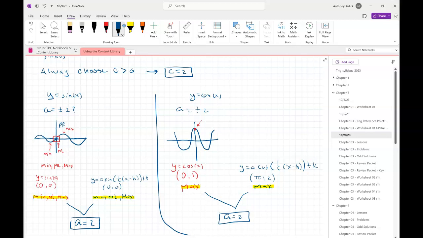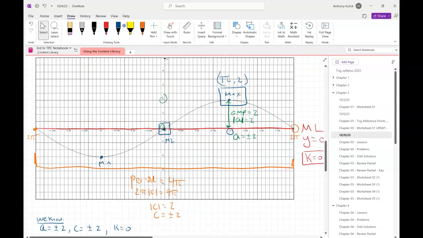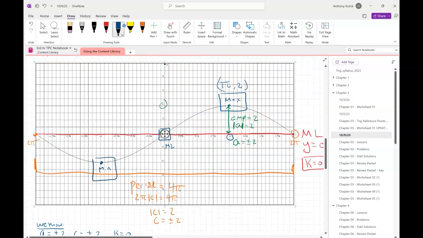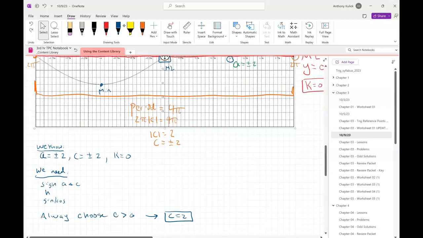If I had picked the minimum instead and had used that, then the a would be negative, right? But it doesn't matter. I could use either point. You're going to get the correct answer either way.